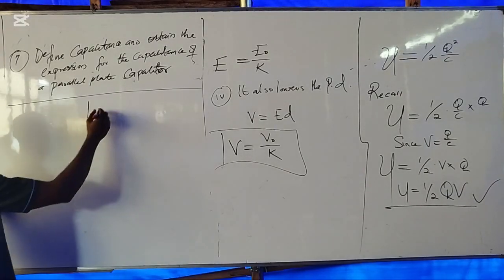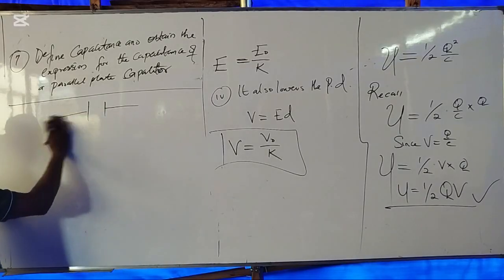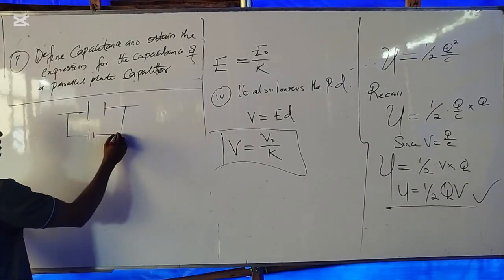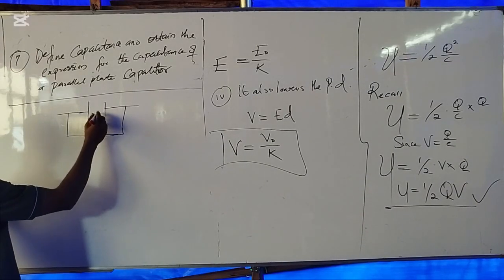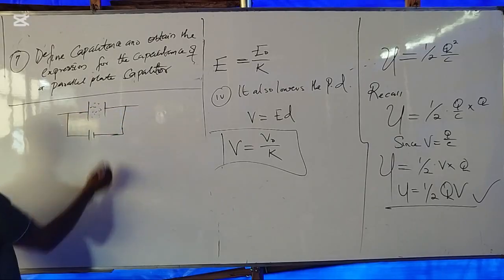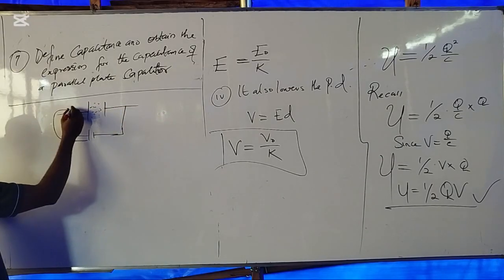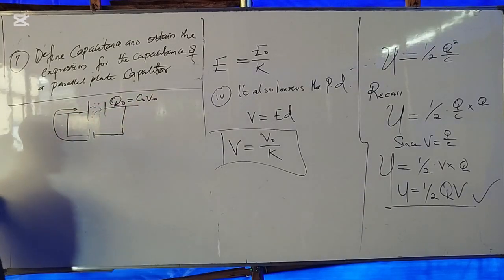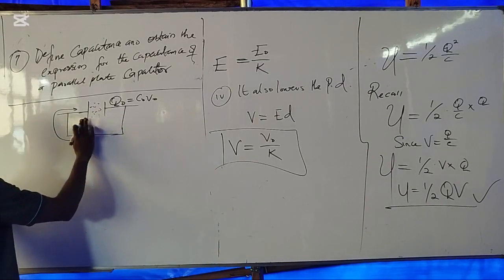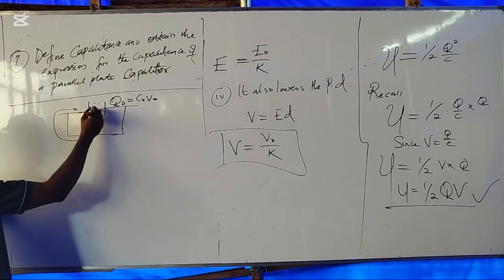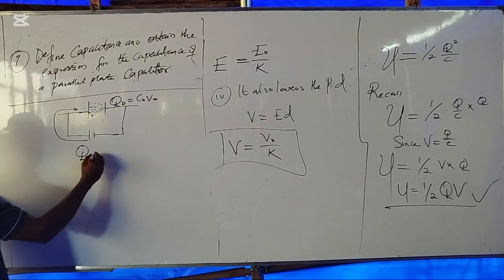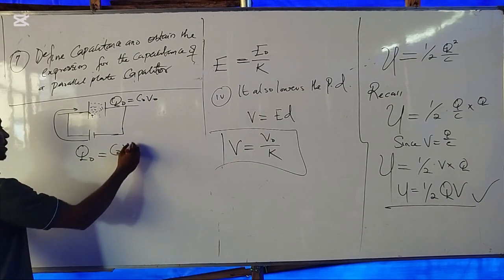If I have a parallel plate capacitor connected to an external source, the first is to assume that air is between the plates. When this is being charged, the charge on this capacitor, when air is the material between the two parallel plates, is given as Q naught equals C naught V naught.